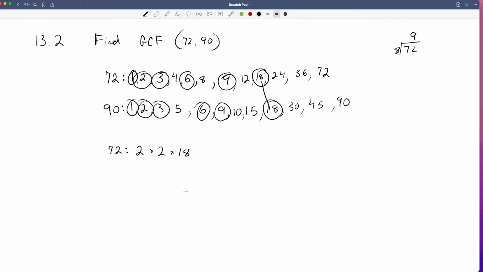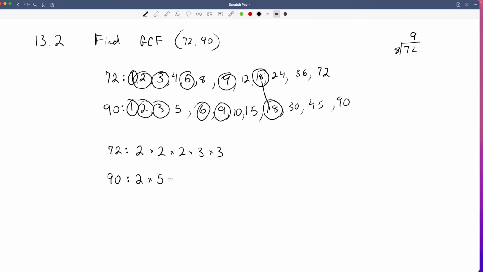Well, I know 18 is not prime. That's 2 times 9, right? So I'm going to replace this with 2 times 9. And I know 9 is not prime. 9 is 3 times 3. So I'm going to take the 9 off and put 3 times 3. So there's my prime factorization of 72. Let's do 90. 90, that would be 2 times 45.